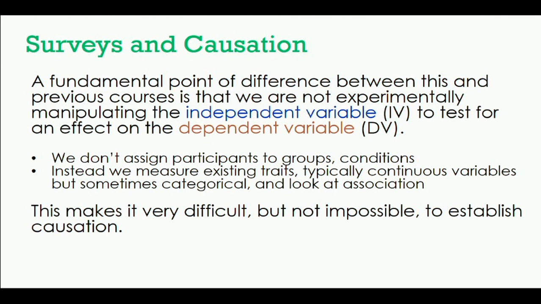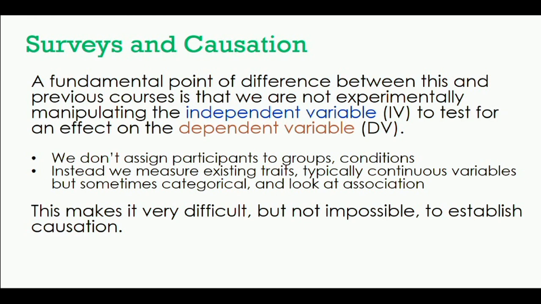So what we've done is we've sacrificed a lot of that internal validity, that control over everything, and instead we're investigating naturalistic groups. So, for example, we don't assign participants to groups. We measure their gender, but we don't say you'll be in the male group, you'll be in the female group. We just measure, are you male, or are you female, or are you some other category?